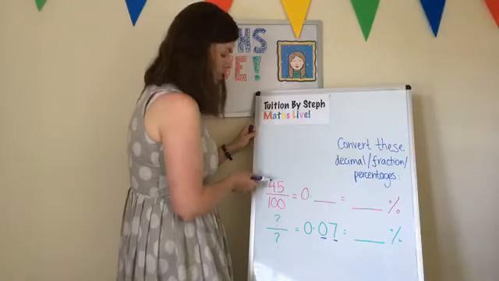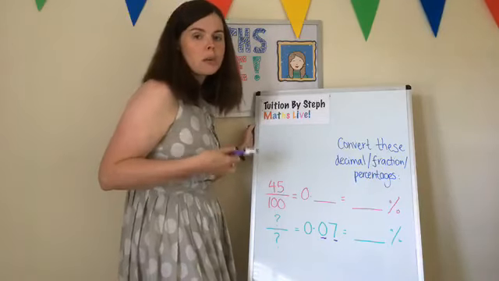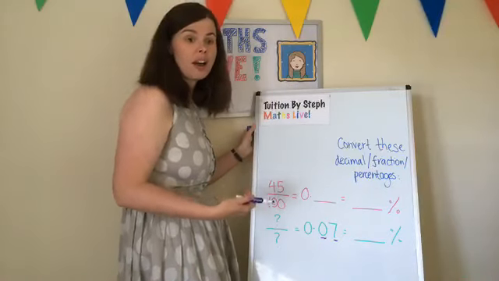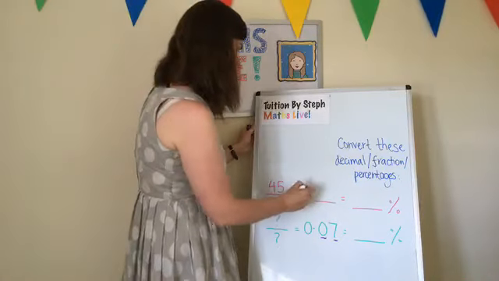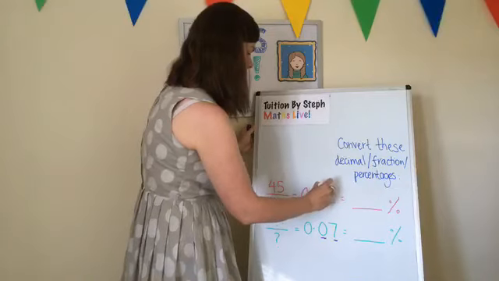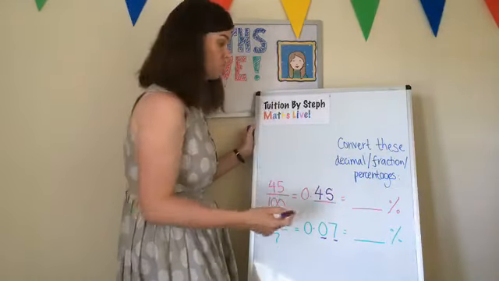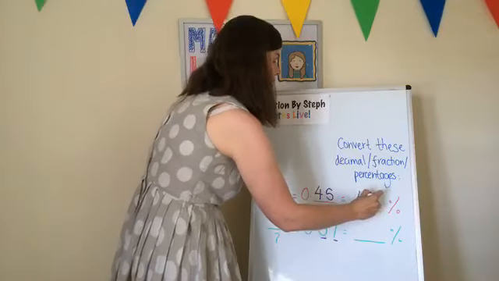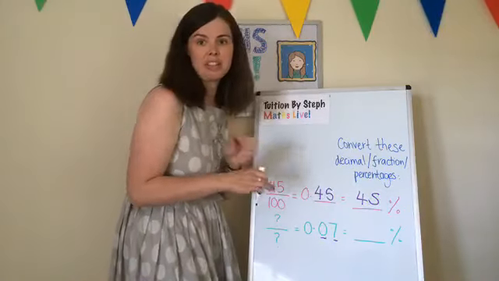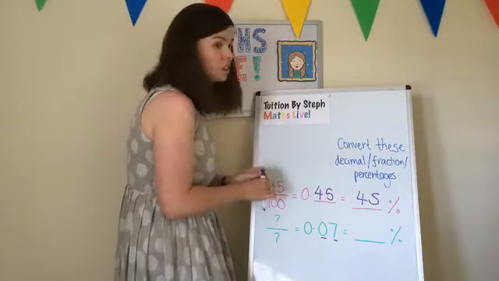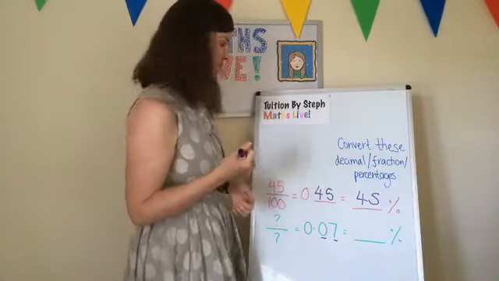This is 45 over 100, but it can also be said as 45 out of 100, 45 hundredths. So this would simply be 0.45, and again it's 45 out of 100, so it's 45%. Remembering that 100% is a whole, as much as you can have. So if it's 45 out of 100, it's 45%.